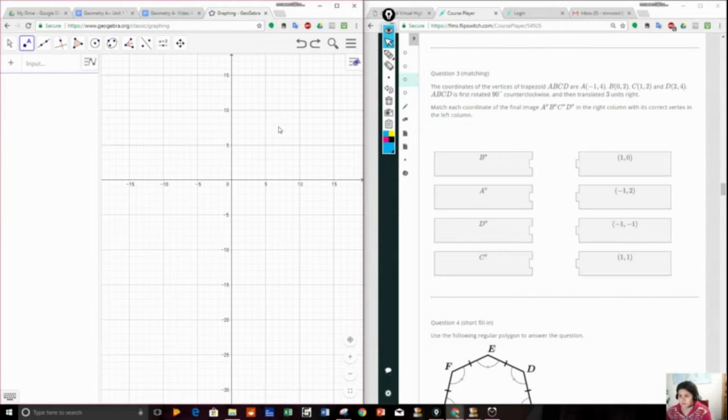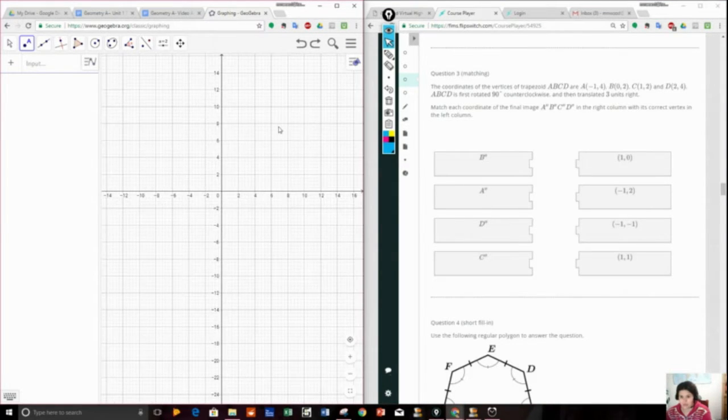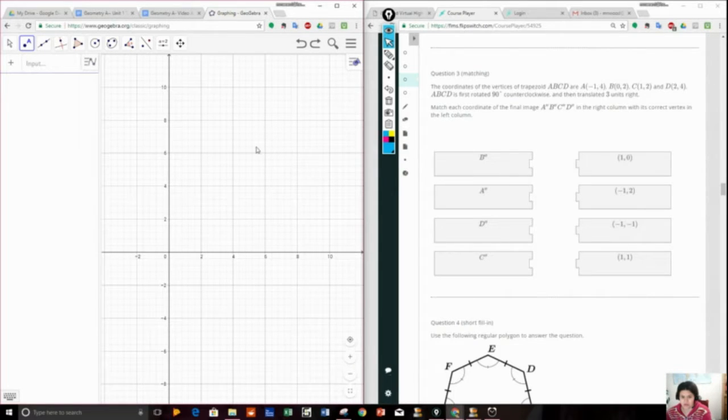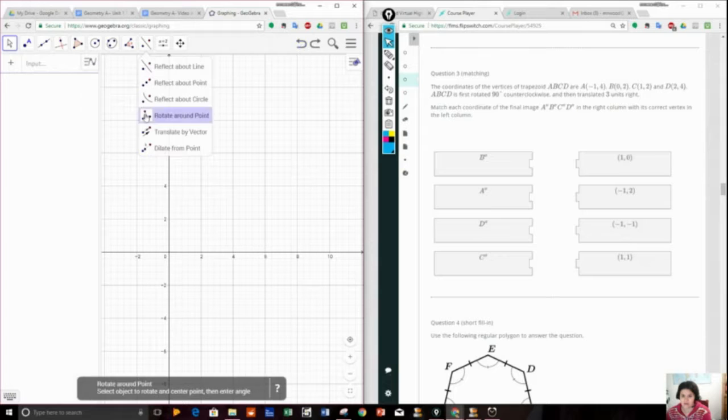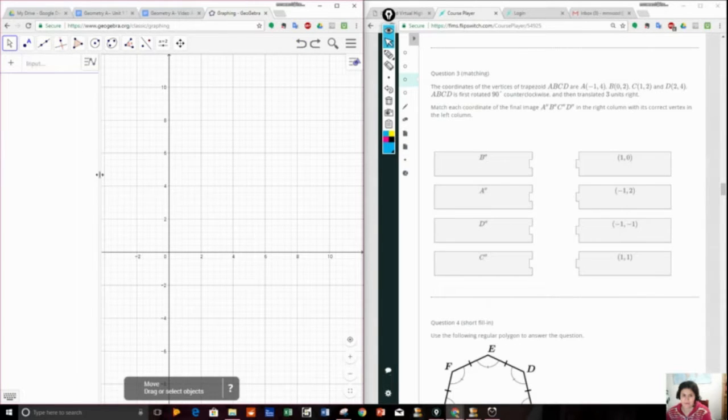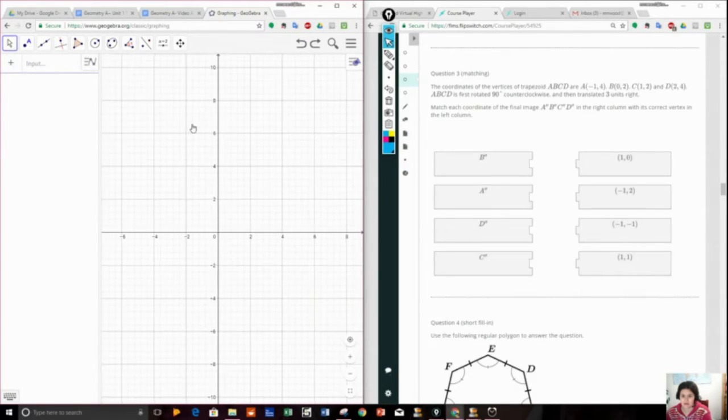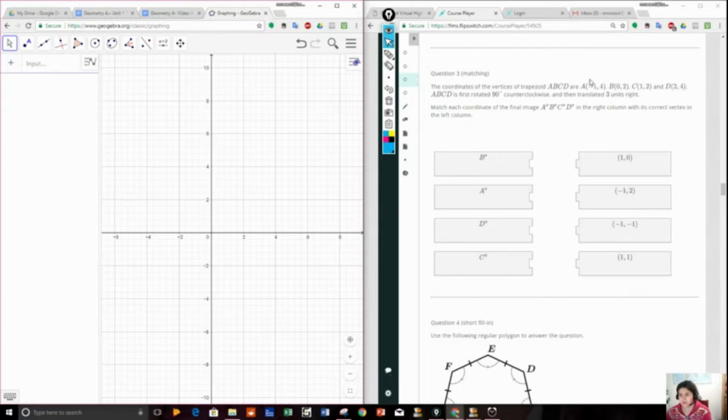Okay, so I'm going to use this graph, so I want to be able to see them.